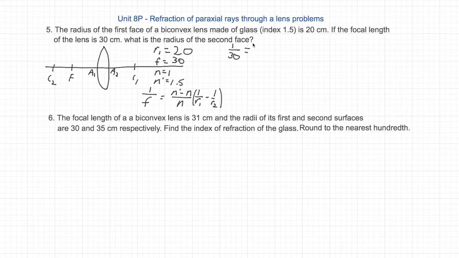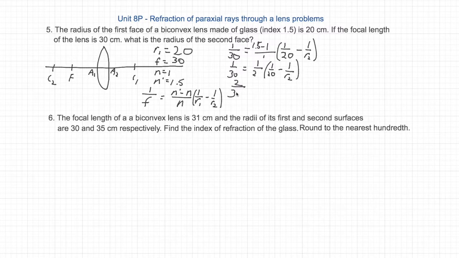Now we'll plug into our lens formula, and we'll solve for R sub 2. 1.5 minus 1 over 1 is 1/2. We'll change it into a fraction. Now we'll multiply both sides times 2.